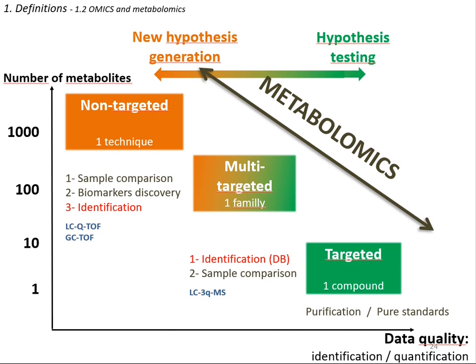And then with multi-targeted or targeted, well, of course, you know what you target, so you know the compound. So you have a straightforward identification of them, and then you compare the samples. And the classical tool used in LCMS is a triple quadrupole that is very efficient at doing this.